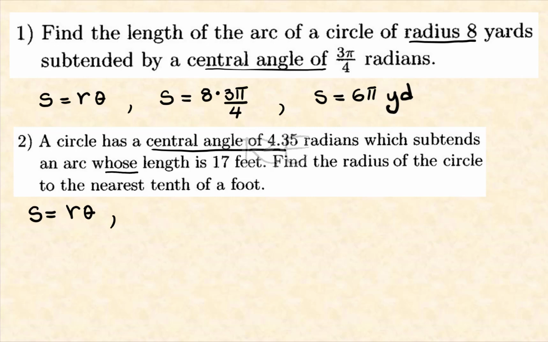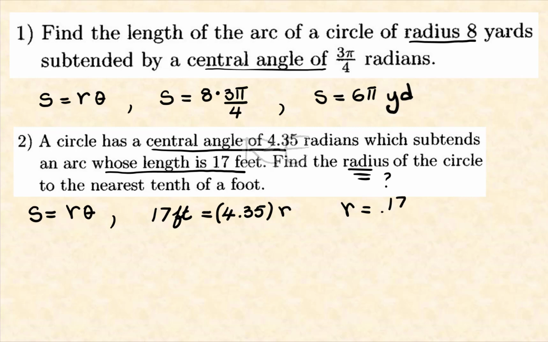So first, S is 17 feet, which is equal to R, which we're looking for, multiplied by the central angle, and the central angle is 4.35, so 4.35 R. So R will be 17 divided by 4.35.